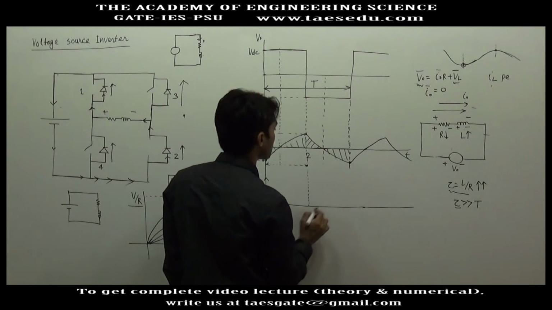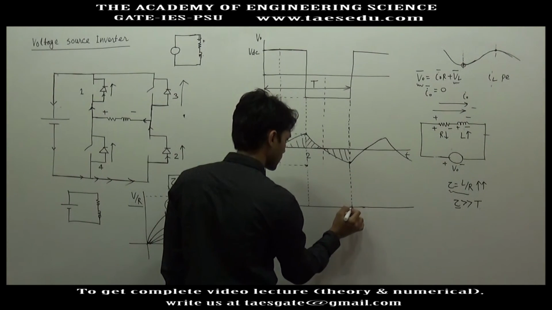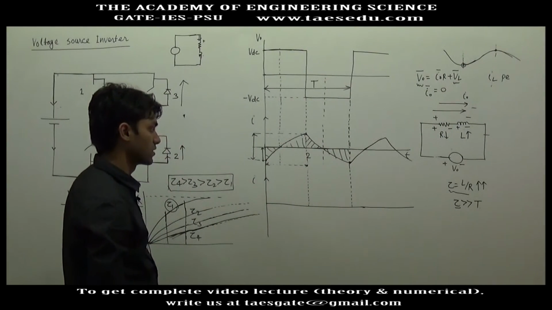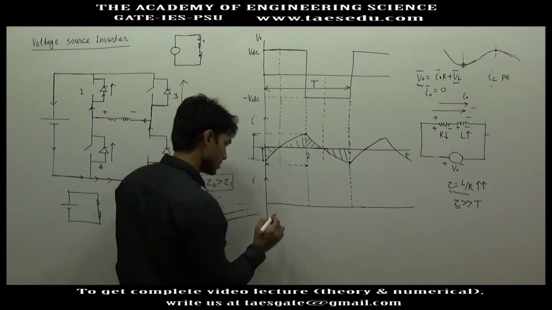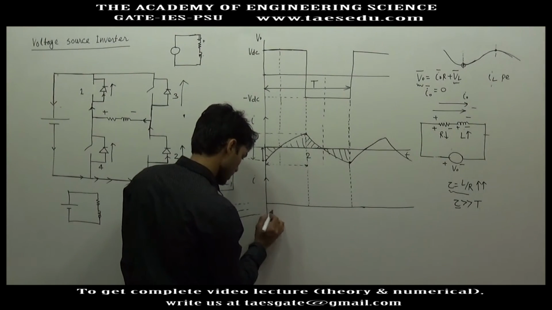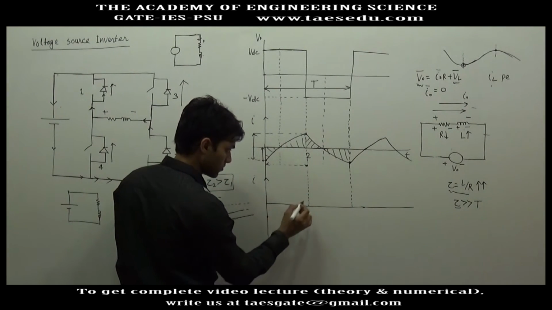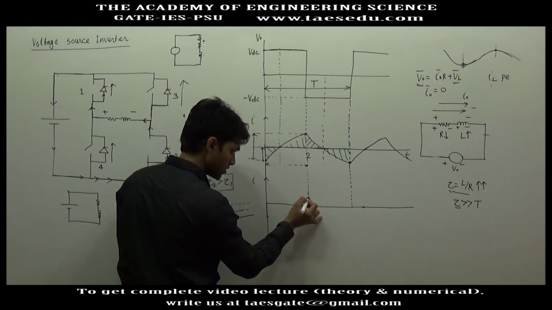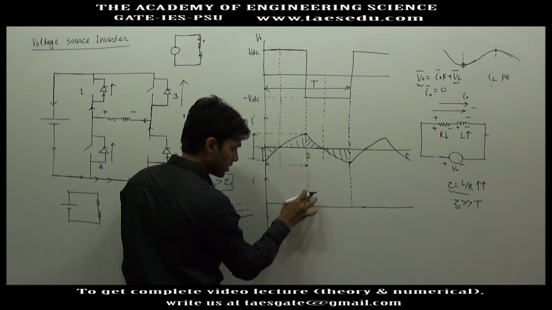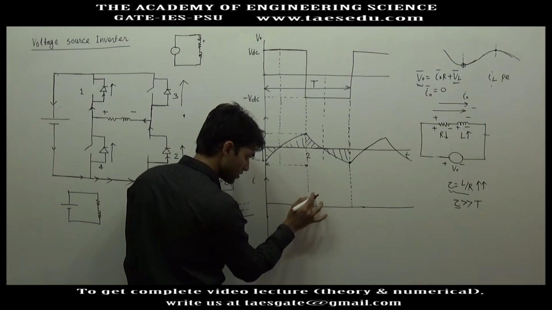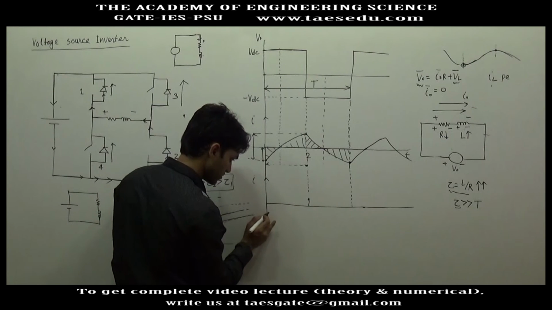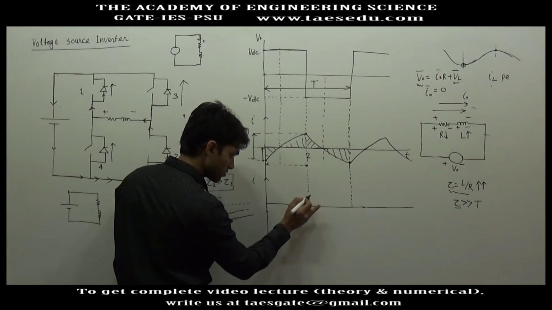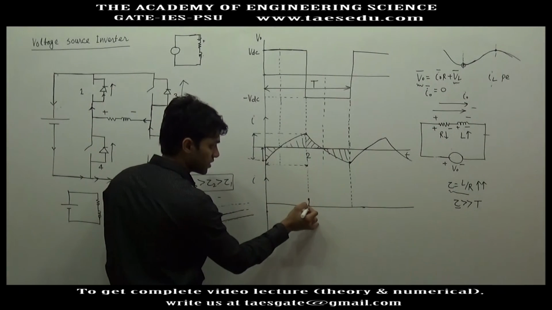This is the first half cycle, this is the second half cycle, and the graph has to look like a straight line. You have to maintain the average value 0, and by symmetry the minimum negative value will be equal to the maximum positive value, but the variation will be small in this case because inductor current does not tend to change very much in the same interval.